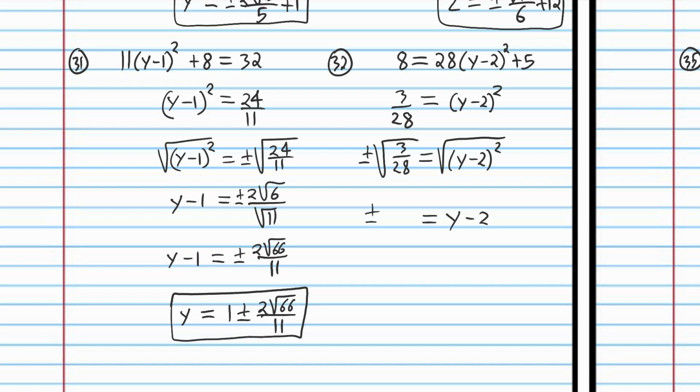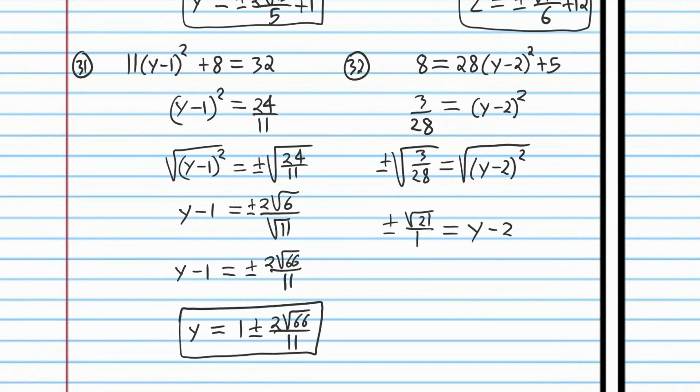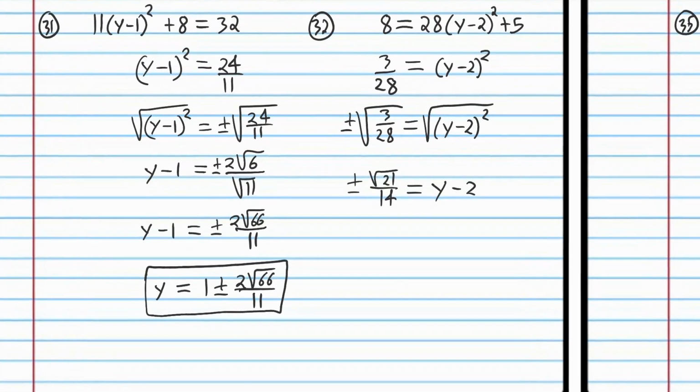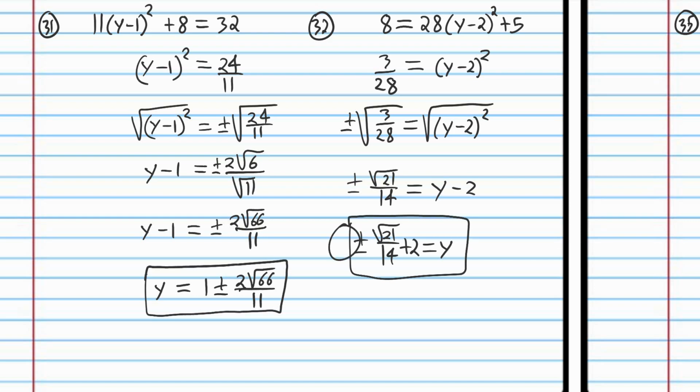It's going to be root 21 over 14. Let me just double check that. That looks right. And then we just have to add 2 to both sides. And again, I can move the root 21 over 14 over to the left and then put plus 2 on the right. Or I can put the 2 over here.